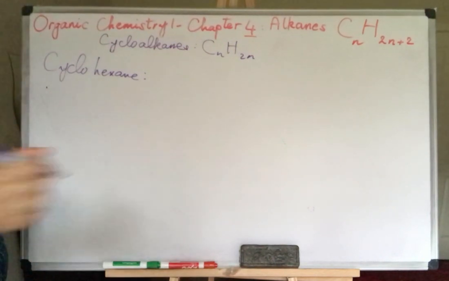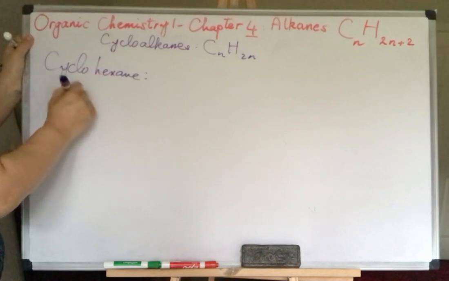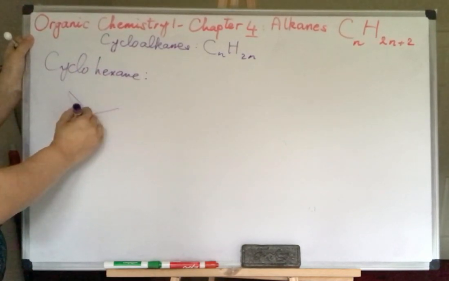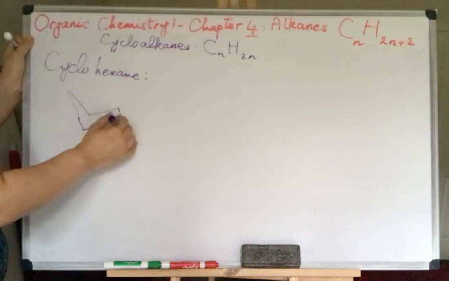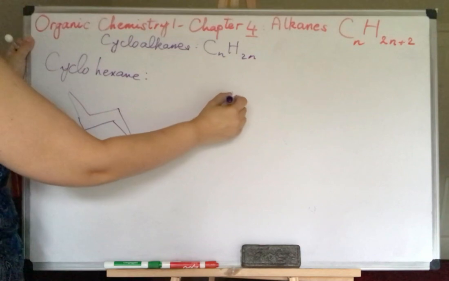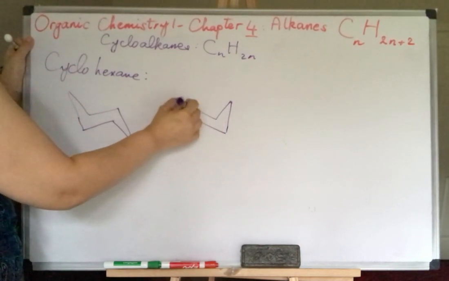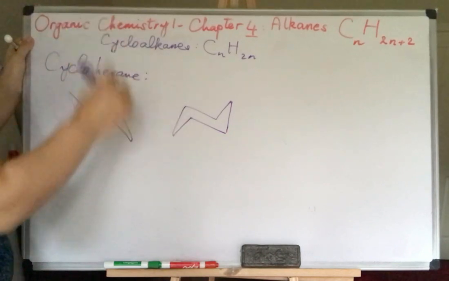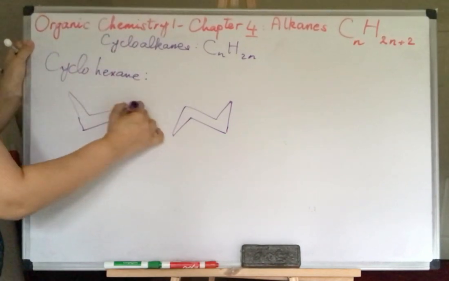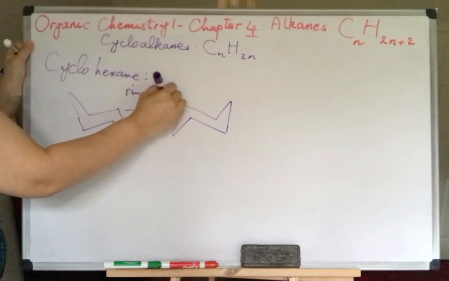The next thing is that we need to know that we can have two types of chair conformation. I told you we can have this, or we can have this. If you change this to this, it's called a ring flip. You flip the ring.